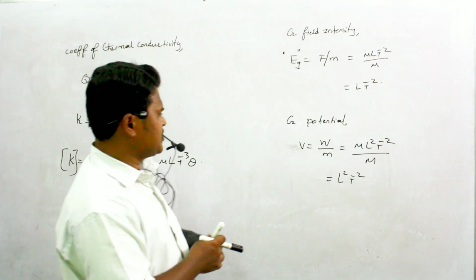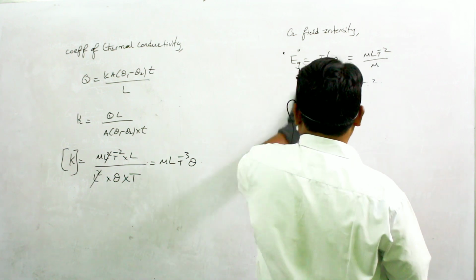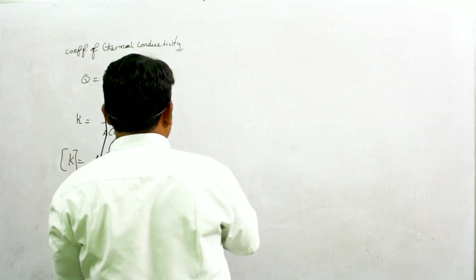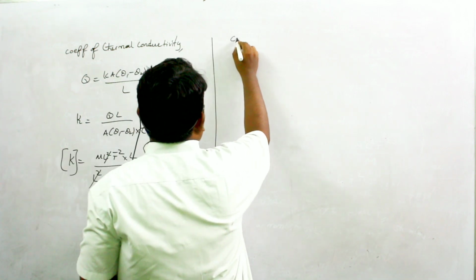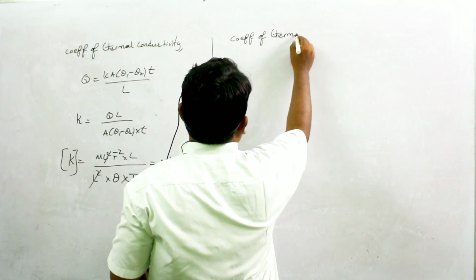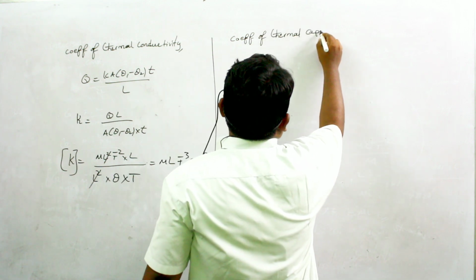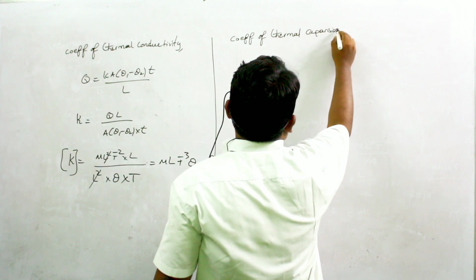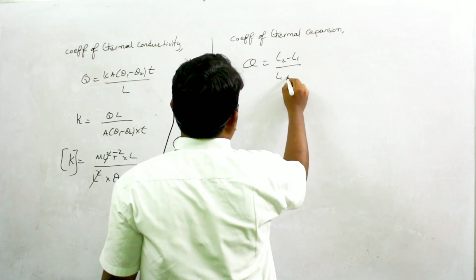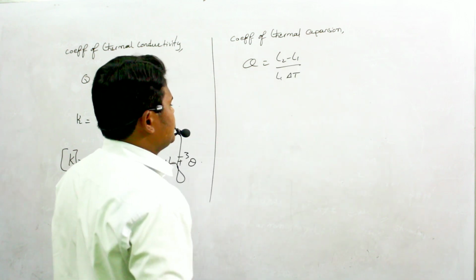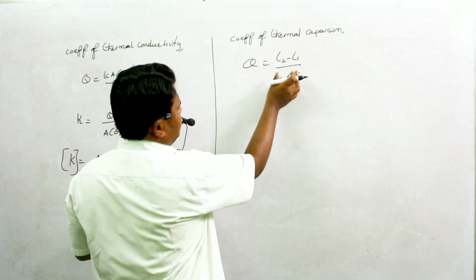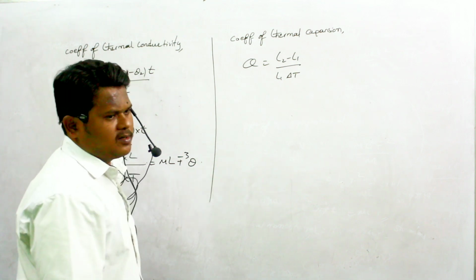Similarly, we will study the coefficient of thermal expansion, which is given by α equals (L2 − L1) divided by L1 ΔT. Therefore, L2 − L1 has a dimension of L, and L1 also has a dimension of L itself.